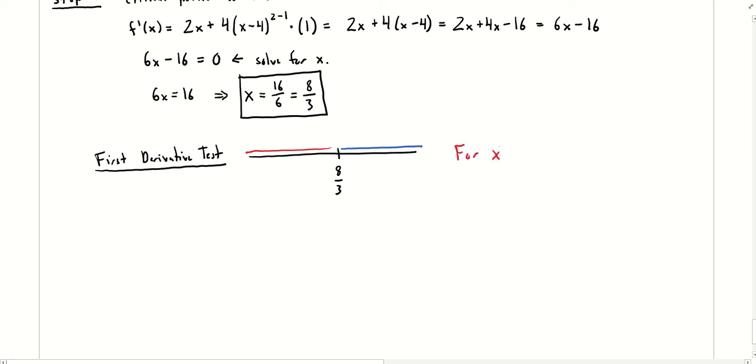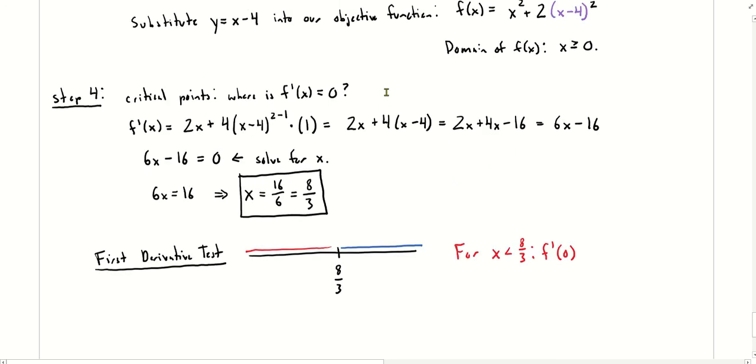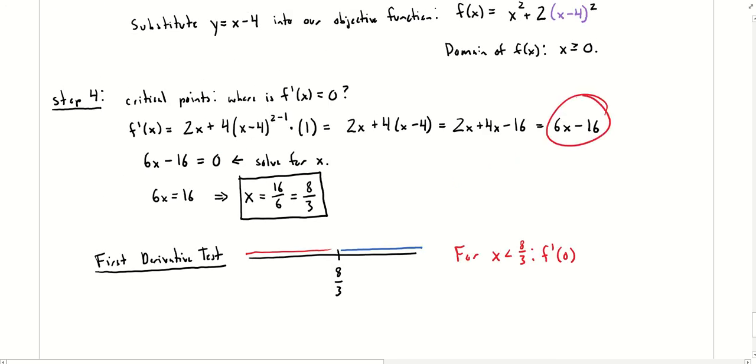So for values of x less than 8/3, I'm going to plug in a value of 0 into my first derivative. So 0 is on this side of 8/3. Let me scroll up here so we can see our first derivative. It's just 6x minus 16. So this becomes 6 times 0 minus 16, which is a negative value.